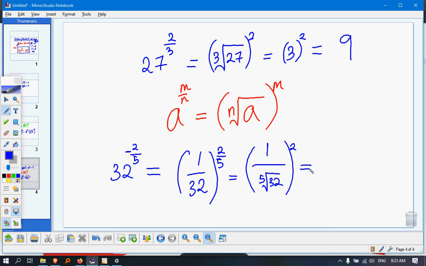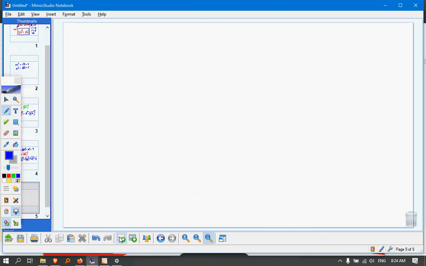Now we know how to calculate the 5th root of 32, and that is 2. So this is going to be 1 over 2 squared, which is a quarter. That's how we evaluate expressions using the fractional index rules.